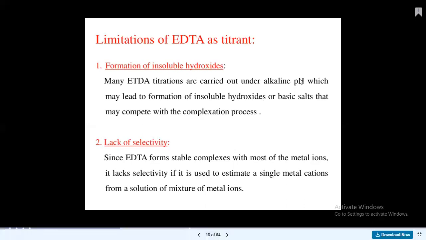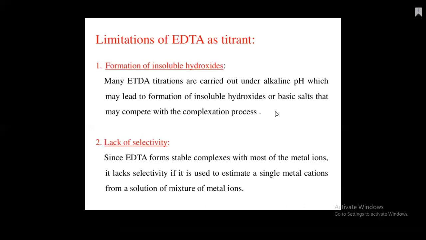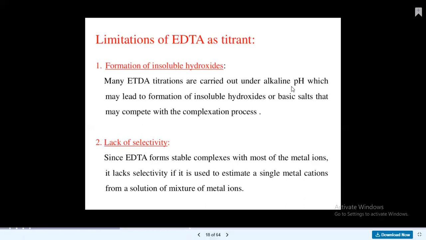So to maintain the pH, mostly we use amines or the ammonia buffer. Ammonia plays two important roles here: it acts as a buffer to maintain the pH to form a stable complex with EDTA, and ammonia also provides a temporary mask of the metal ion, so as to avoid the formation of metal hydroxide.